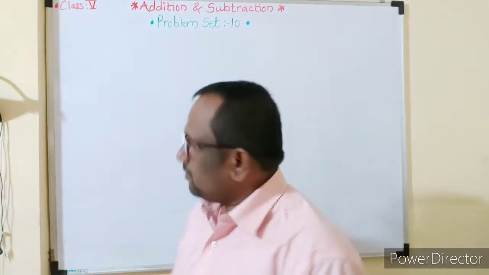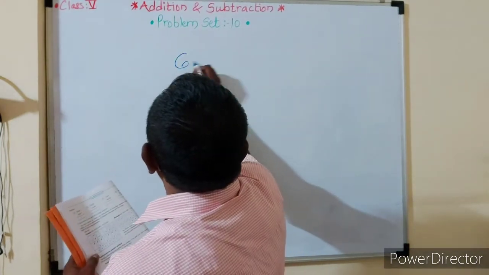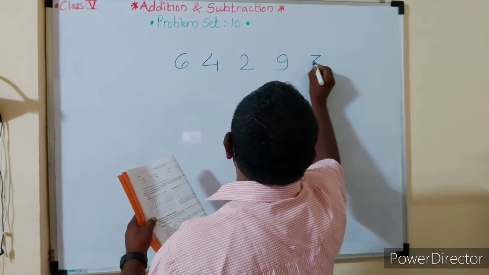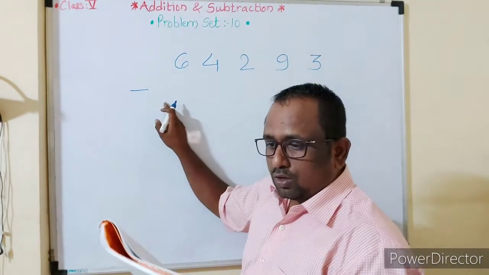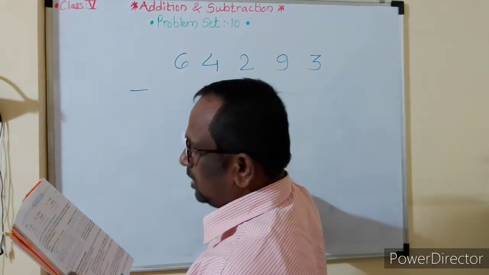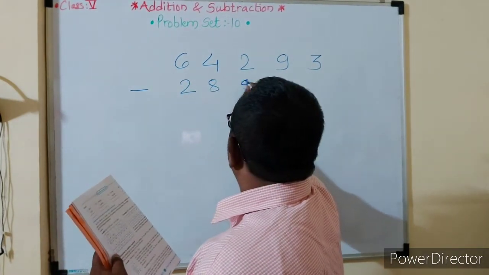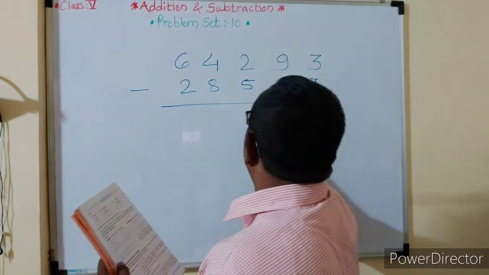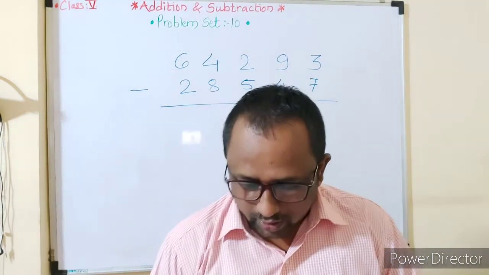First we will solve 64,293 minus 28,547. Don't forget to give the sign; many times in a hurry you forget to write the sign. Okay, now students, we have to solve the example.